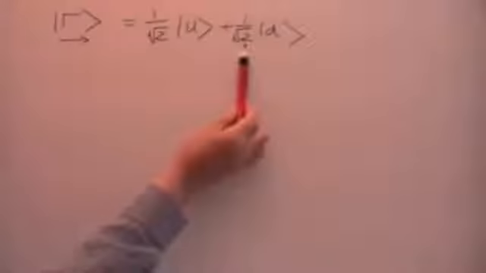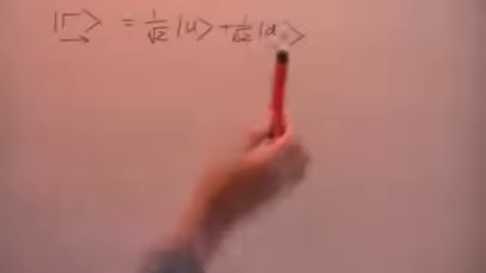And once again, let me remind you, these are the probability amplitudes of being in the respective basis vector states. The basis vectors here are up and down. Those are the only two we need because those are the only two options. And if you want the probability, you have to square these terms. So if you're in the state right, the prospect of being measured up will be 1 over root 2 squared, which is a half, and the prospect of being measured spin down will be 1 over root 2 squared, a half.